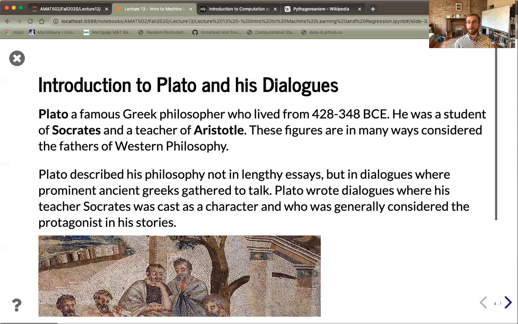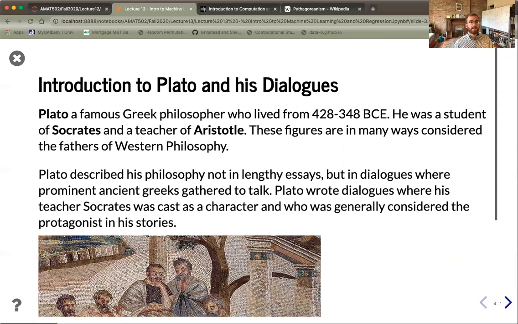So one of the things you need to know about Plato is that he described his philosophy not in lengthy essays, but rather in dialogues where prominent ancient Greeks of the time would just gather to talk. Back then, we didn't have as much to do, and Greeks, having an agrarian society which was not operated by the elites, had plenty of time on their hands to take up issues of the mind.